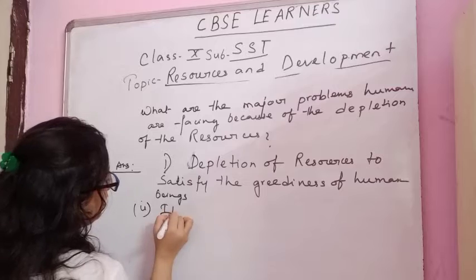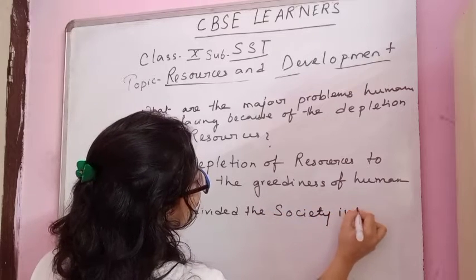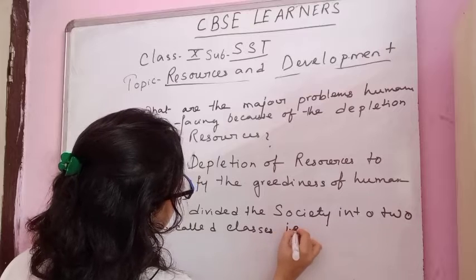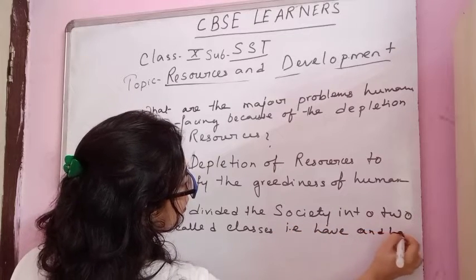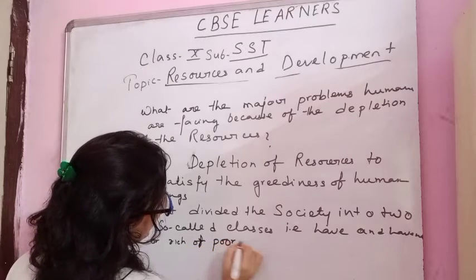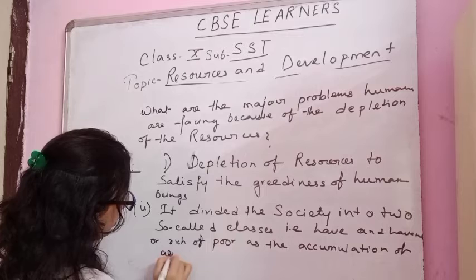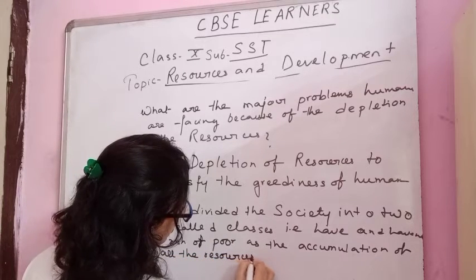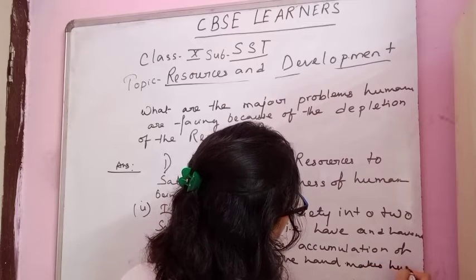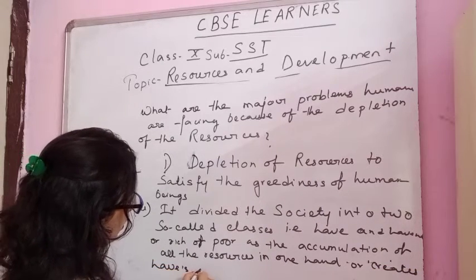Second, it divided the society into two so-called classes, that is haves and have-nots, or you can say rich and poor, as the accumulation of all the resources in one hand creates haves and have-nots.